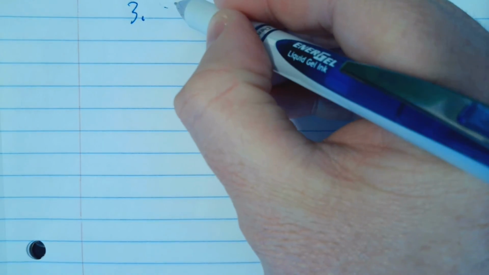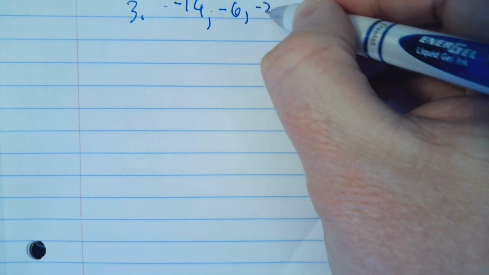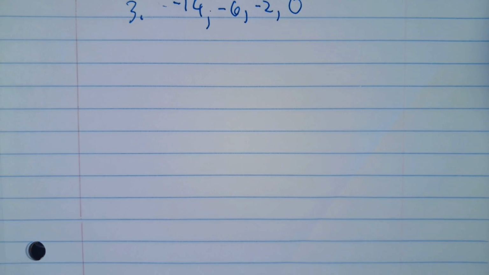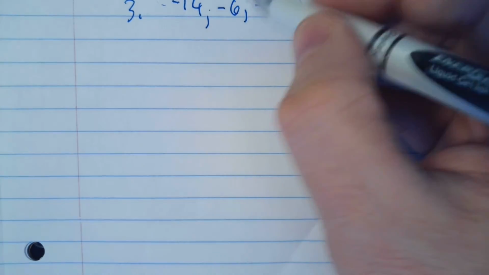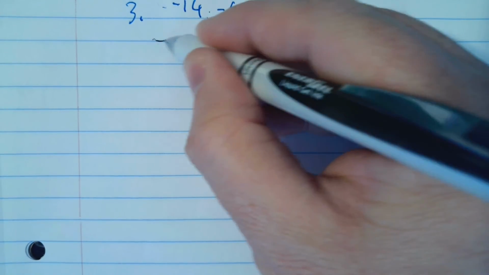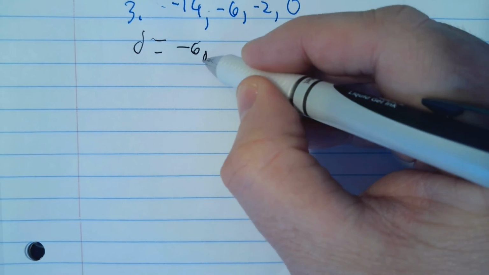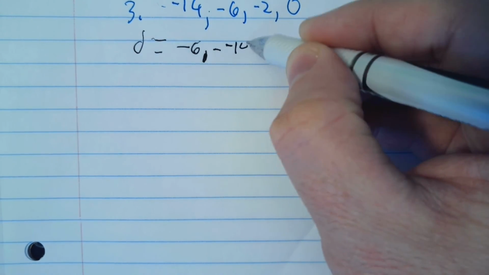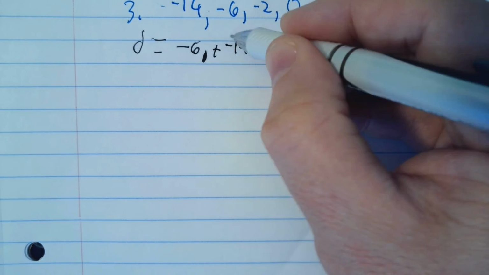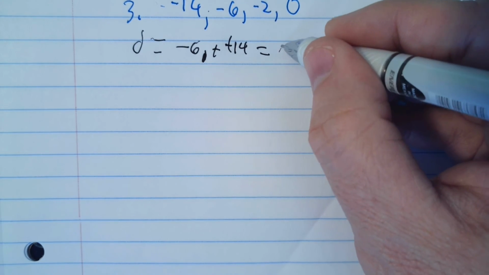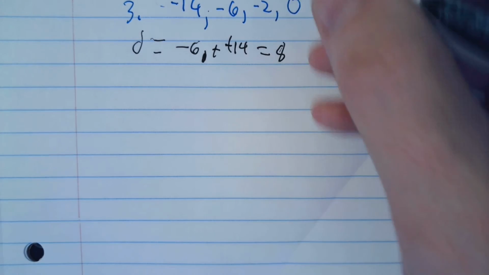Let's try this again. Alrighty, let's see here. Common difference, let's get that done. Negative 6 minus a negative 14. That's going to be a positive 8. Alright, so let's see if that works.